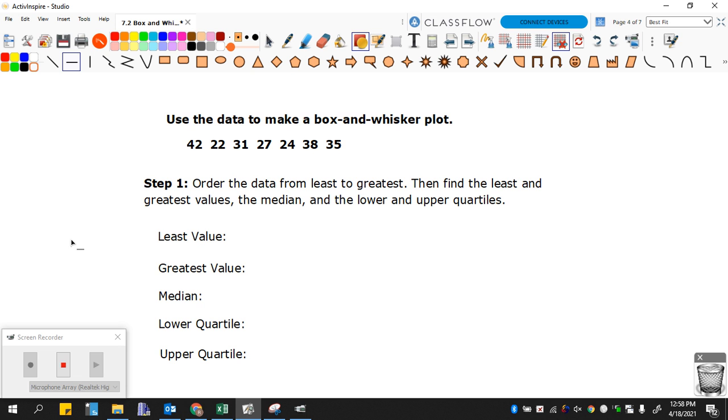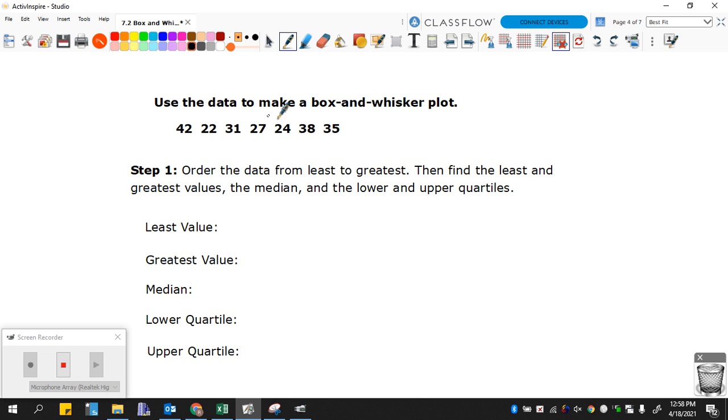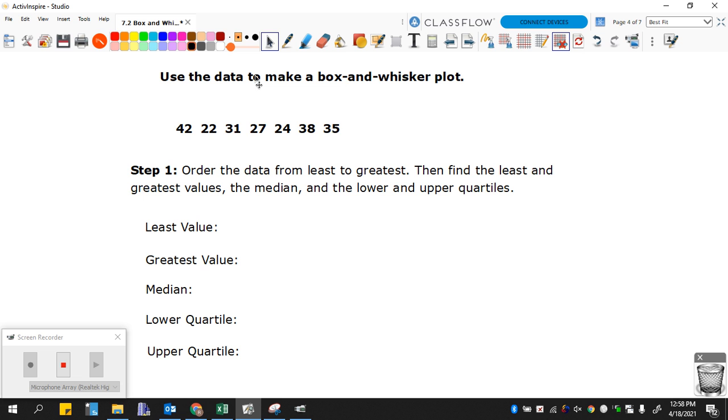Use the data in the box to make a box and whisker plot. Again, so smallest to largest. Let me move this up a little bit, give myself a little bit of room. Smallest value is the 22.